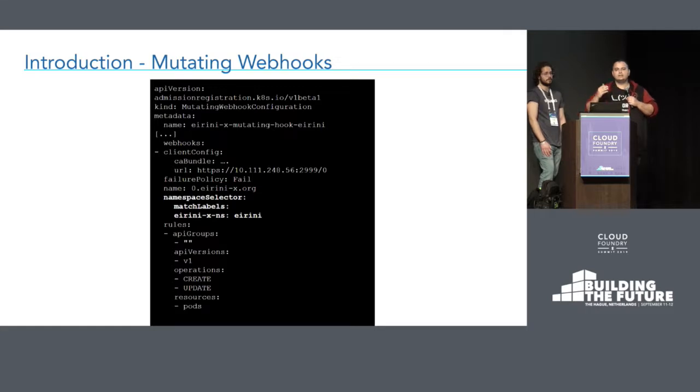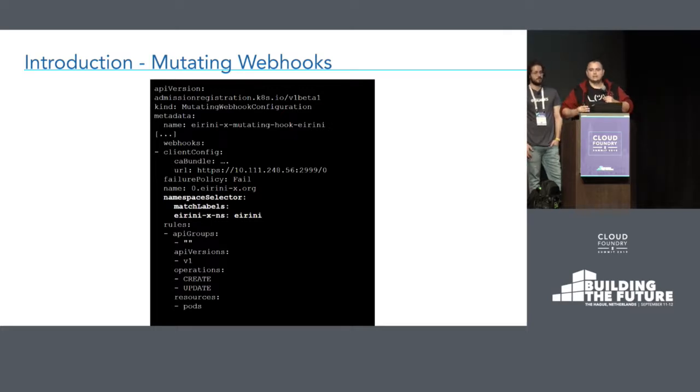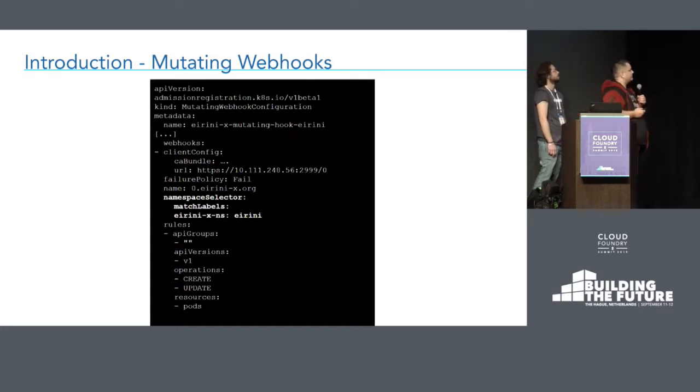That's how you tell Kubernetes to only call you for resources that exist in a particular namespace. So in our case, we only want to interact or mutate the pods that are actually in the Eirini namespace. So that namespace selector helps us there. And then, of course, you have rules that identify which resources you want to mutate.